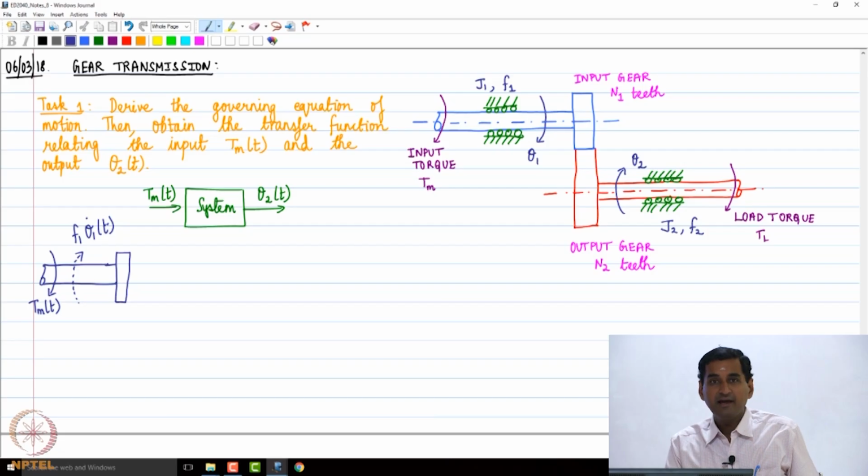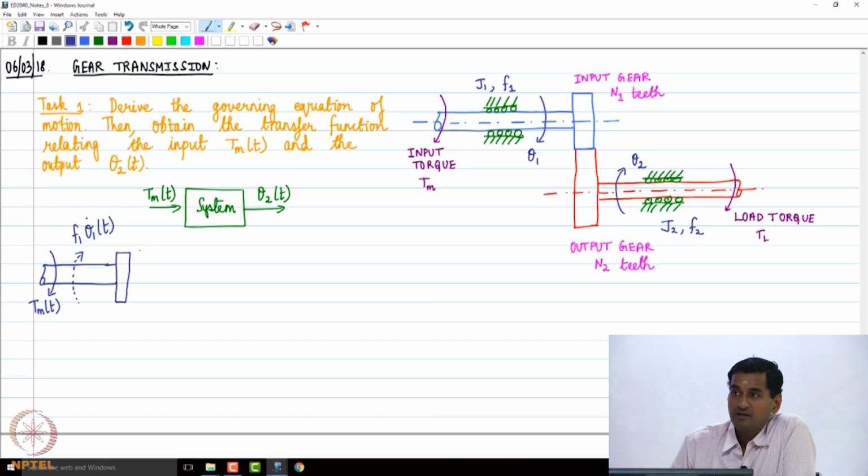Would there be any other torque which would be resisting the motion of the input shaft? Please note that the input shaft is driving the output shaft. So obviously the output shaft is going to exert a reaction for the action that the input shaft does on the output shaft.